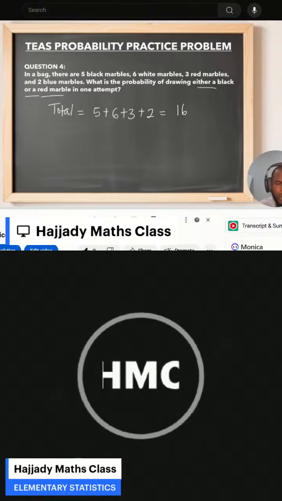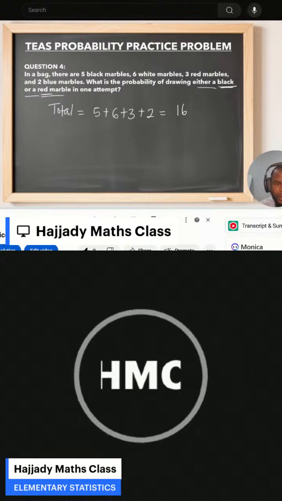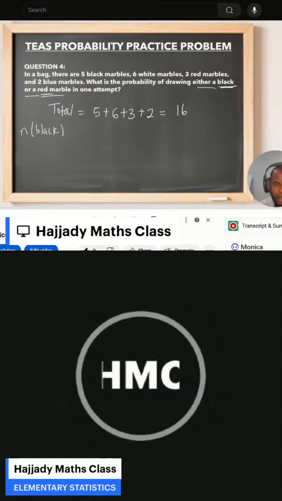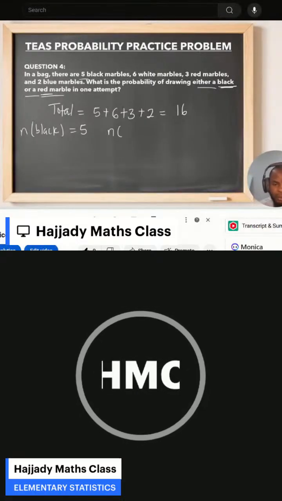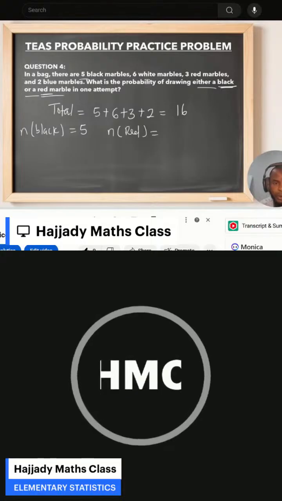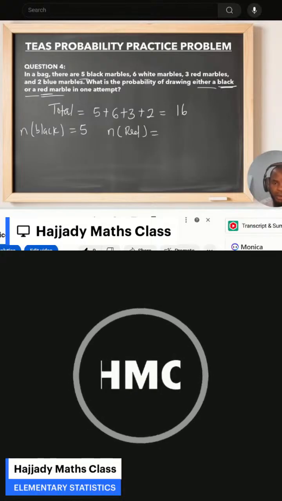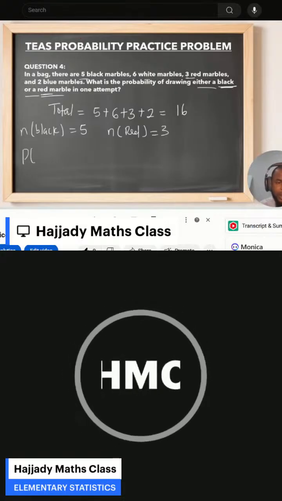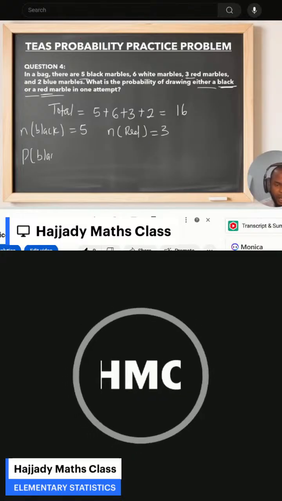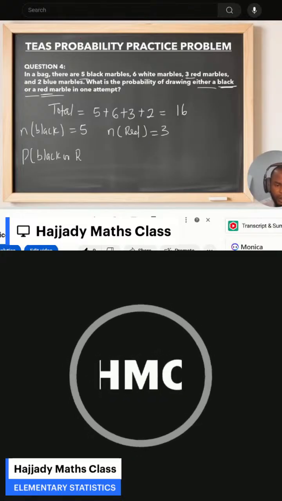Now here we are looking for the probability of selecting black or red. For black marbles, the number of black is 5. And for red marbles, we have 3. Now we want to calculate the probability of selecting a black or red.